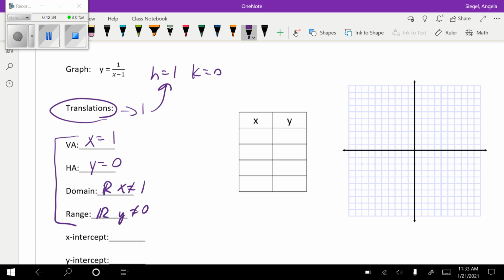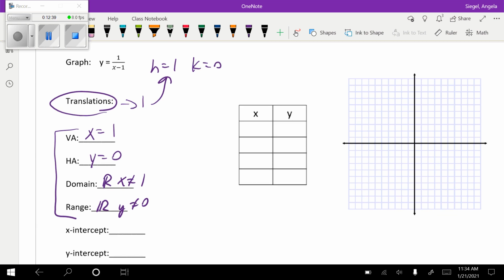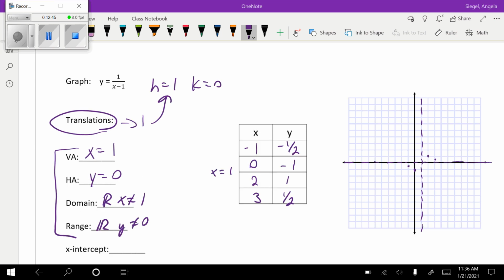Okay, so let's go ahead and mark our vertical and horizontal asymptotes and then graph our 4 points. Okay, so I plotted my vertical asymptote and my 4 points, and so I'm going to go ahead and graph the rest of my hyperbola so that it looks like that.